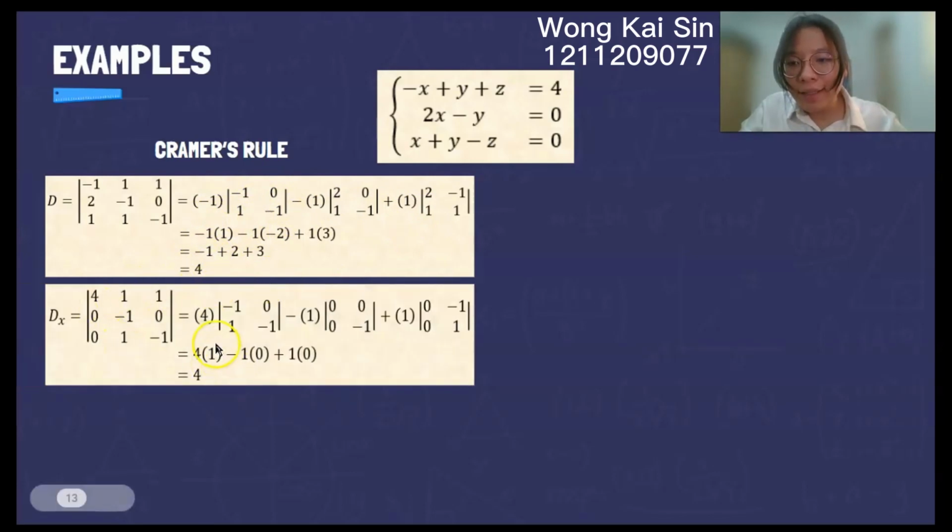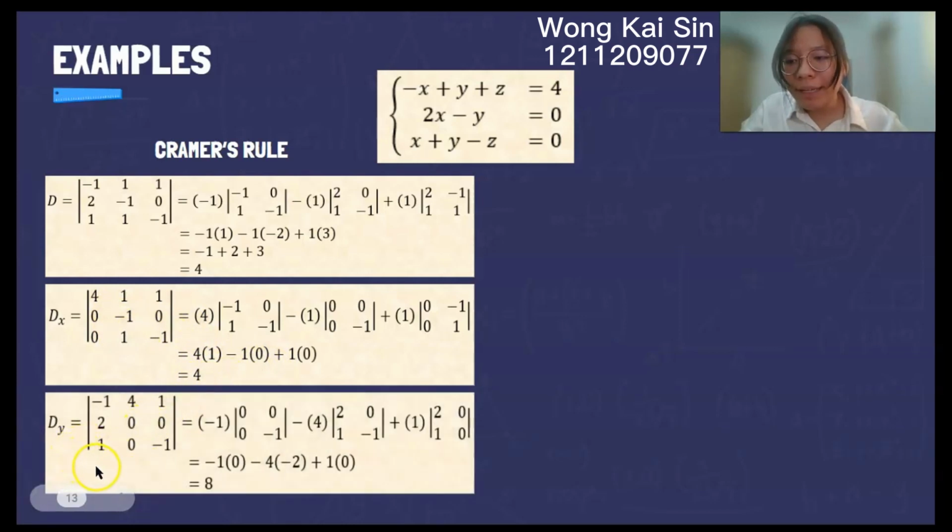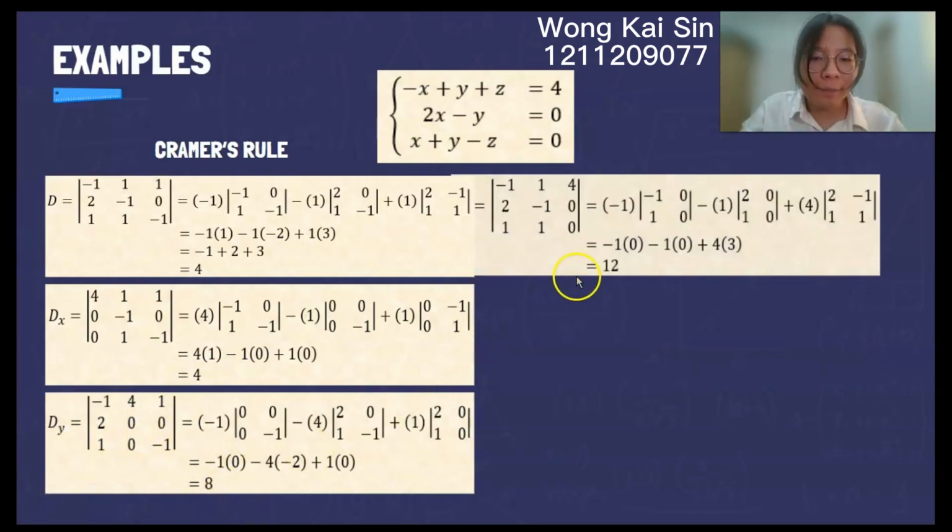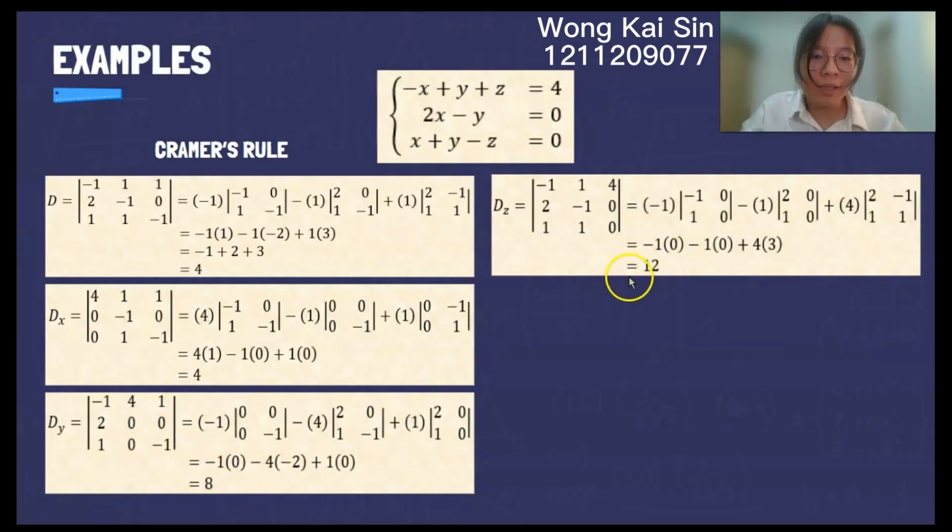Next is dx, same as before, but the x column will change to the answer. So the answer we get is 4. For dy, same as before, but column y will be changed to the answer. So the answer will be 8, and dz will be 12.